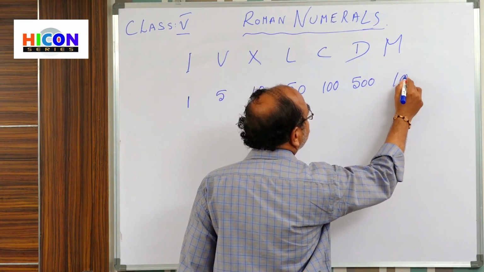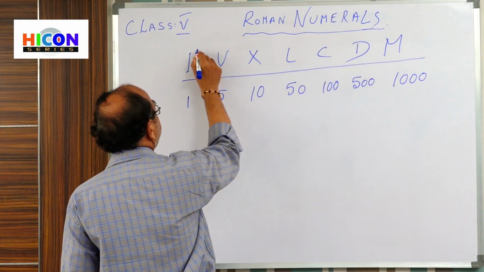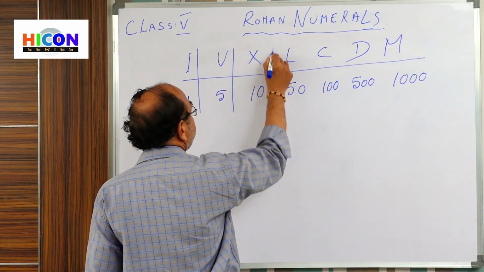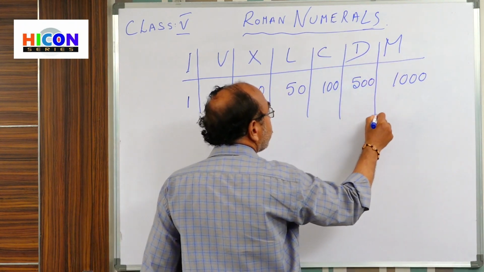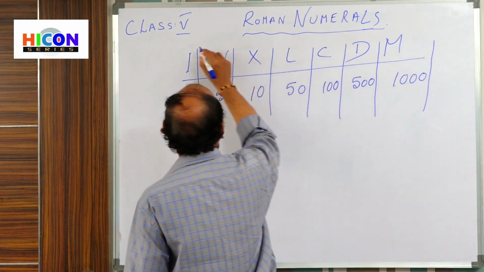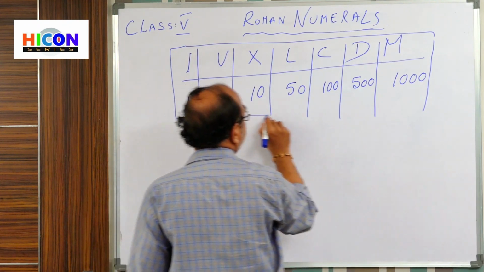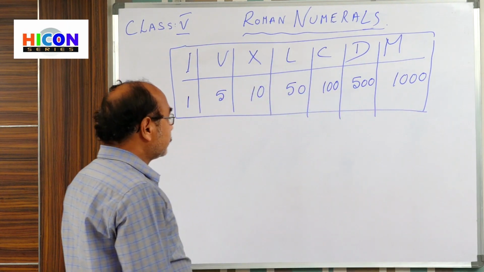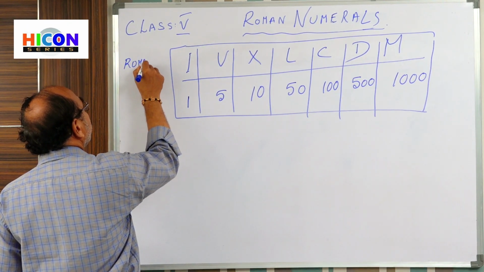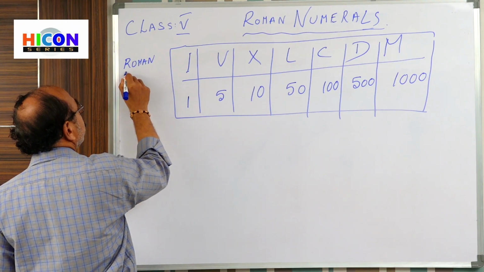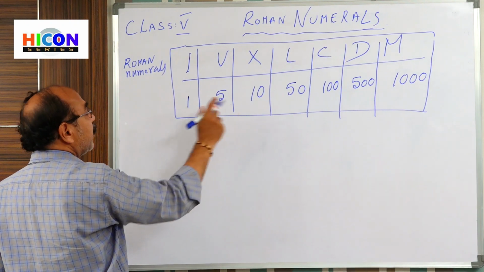M represents 1000. So these are the Roman numerals. These are Indo-Arabic.